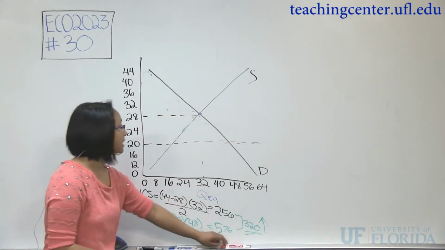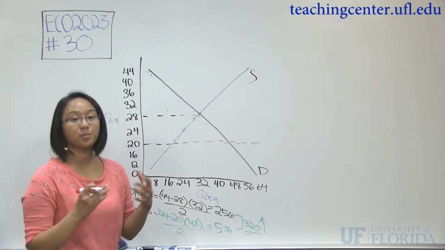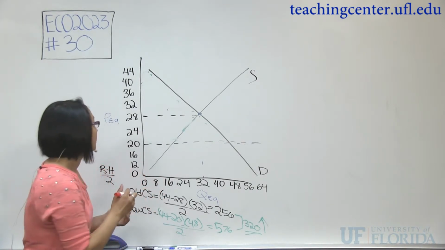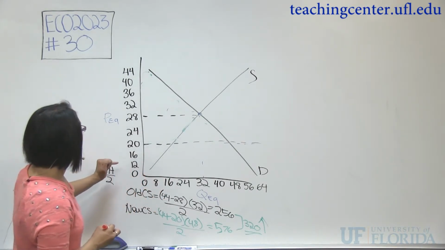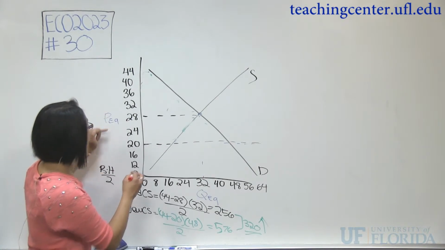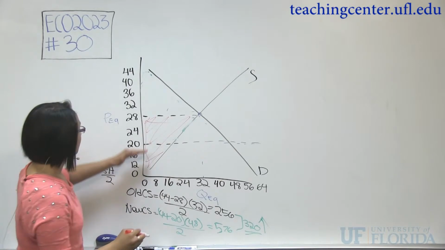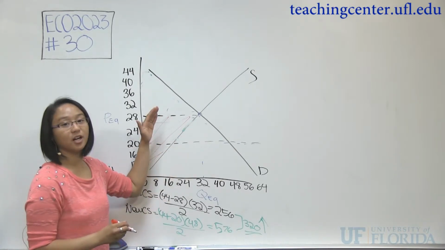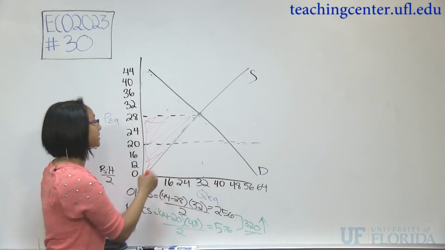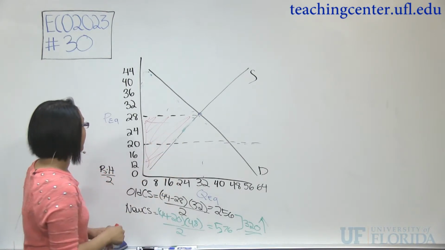So producer surplus, instead of being everything above the price, it's everything below the price. So let's find our original first. Below this price EQ is our original, below the price and above the supply curve, not below the demand curve, but above the supply curve. So it's that triangle there.